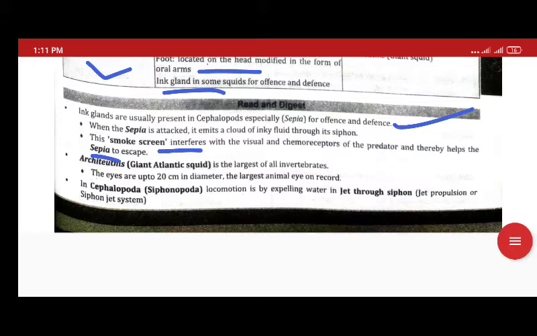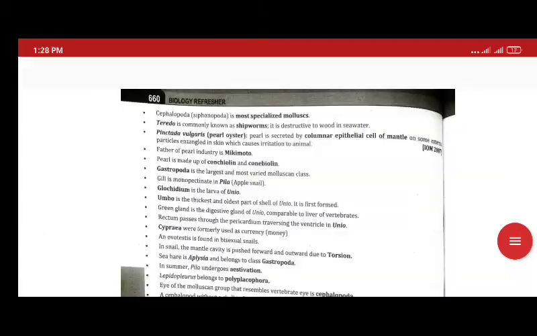Now the giant Atlantic squid is Architeuthis. Now Cephalopoda use a siphon for locomotion, expelling a jet through the siphon. You should remember this siphon jet system is located in class Cephalopoda.